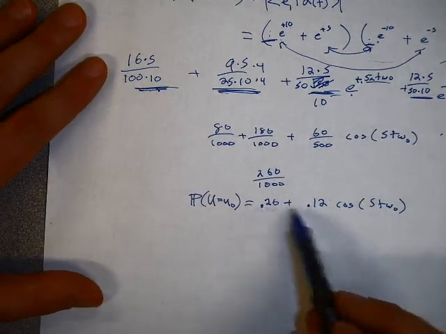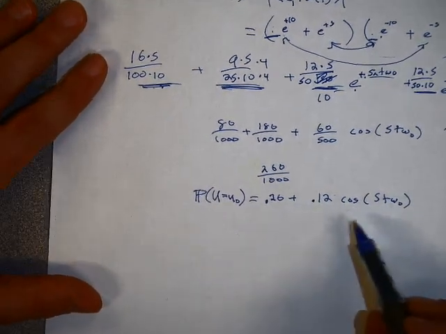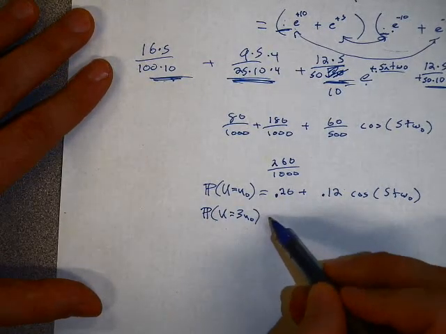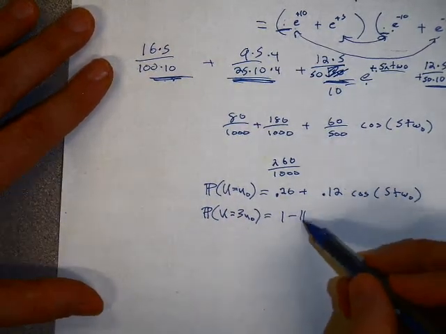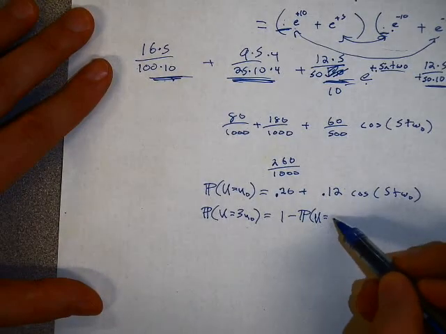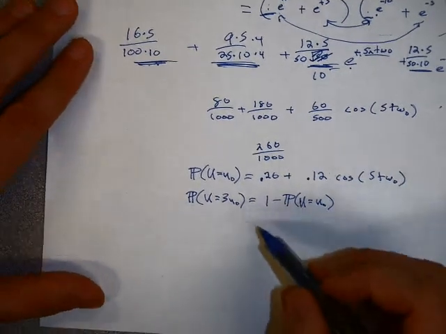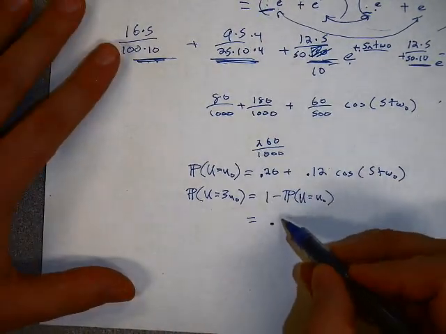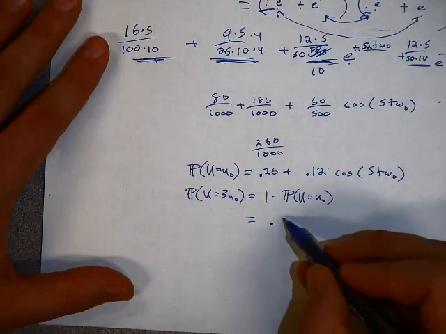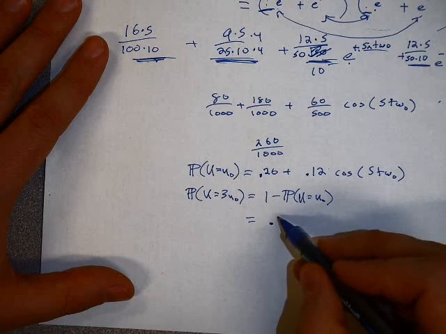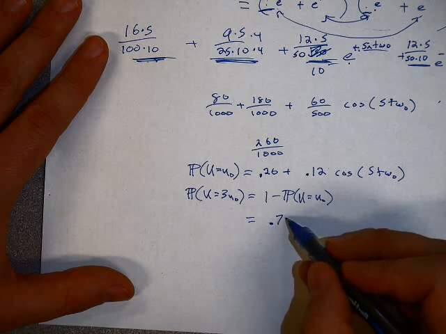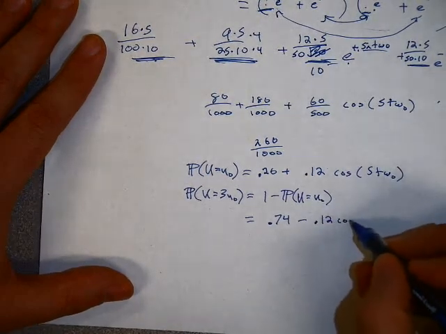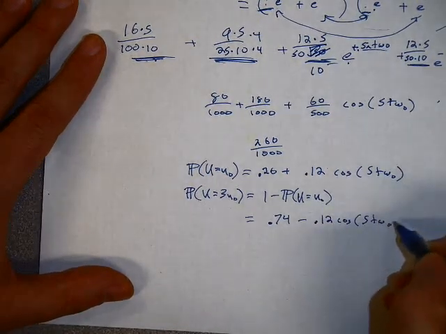This is 0.26 most of the time and goes up and down by that much. The probability of getting u equal to 3u naught should just be 1 minus the probability of u being u naught. So if we take that 1, subtract this, then that should just be 0.74 minus 0.12 cosine 5t omega naught.